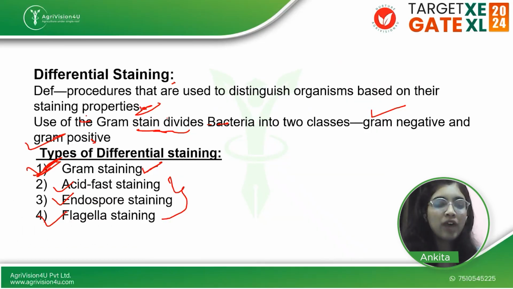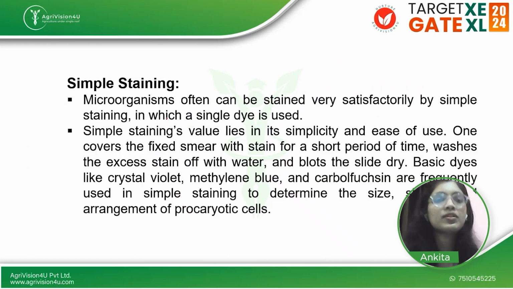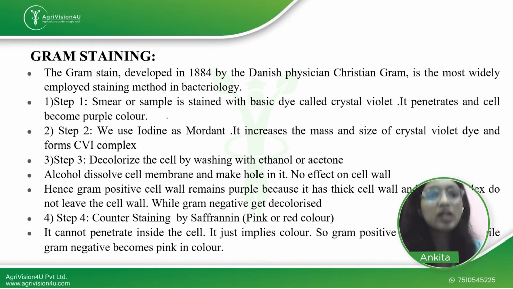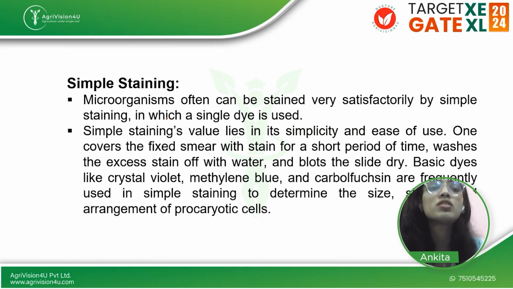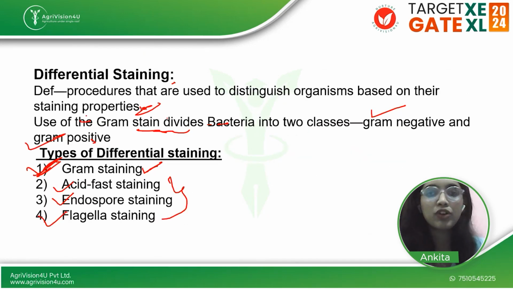So now we will see how gram staining is done. But you may have a question in your mind: what is the difference between differential staining and simple staining? In differential staining, it will differentiate between gram positive and gram negative.